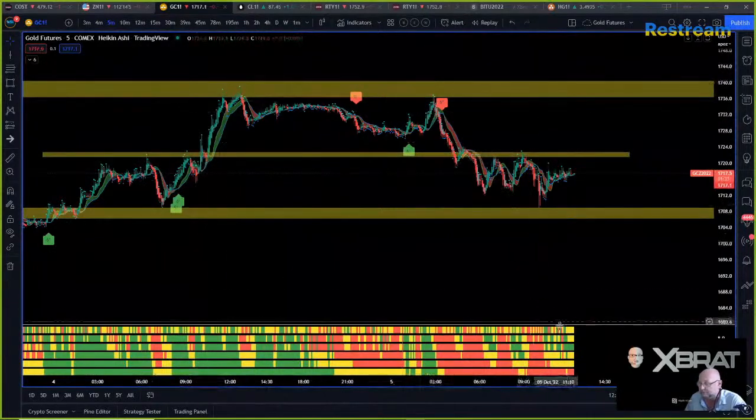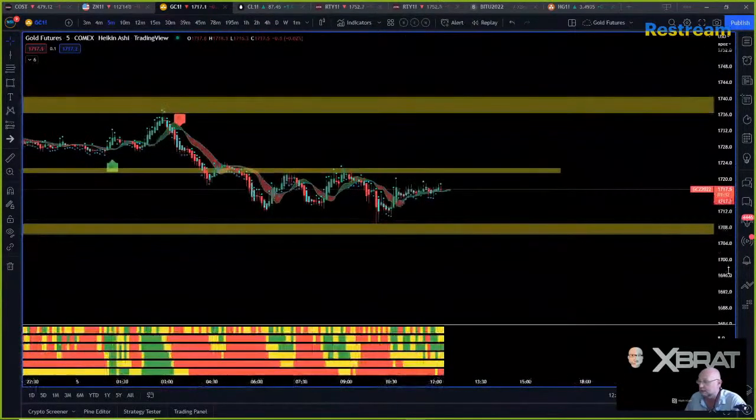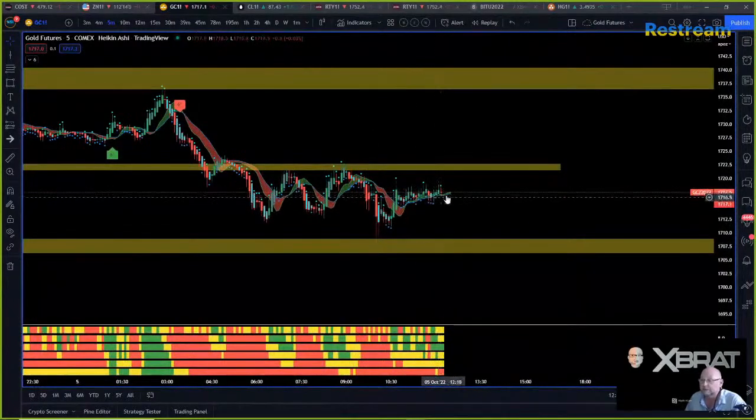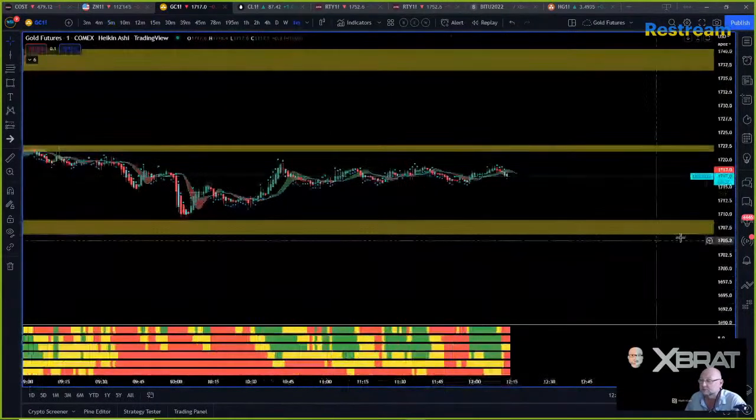These trades have happened. Okay, now what we've got to look at is we're going later in the day. This is gold. Are we going to go down? Are we going to go up? What we're looking for is a signal, probably on the 1 minute.